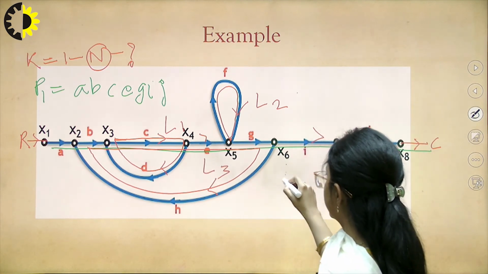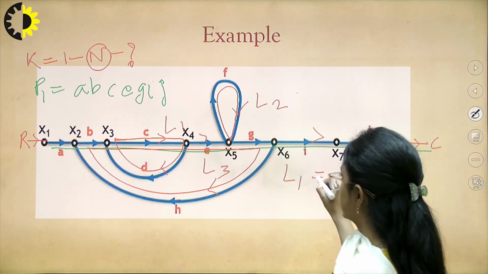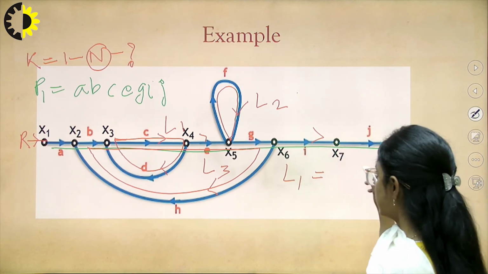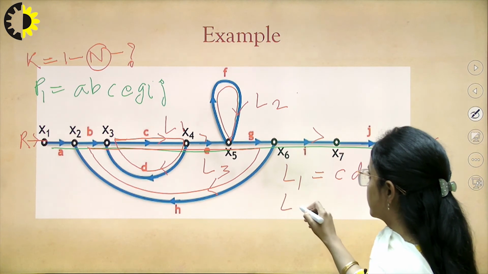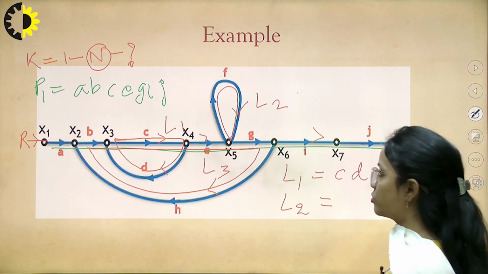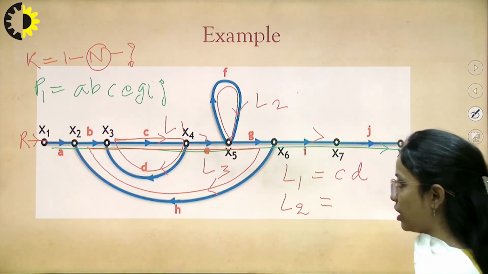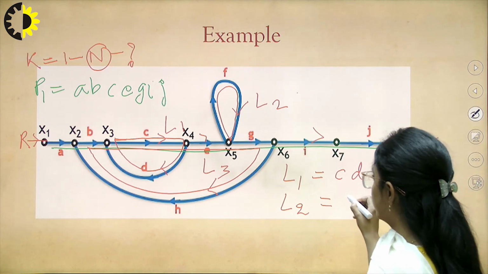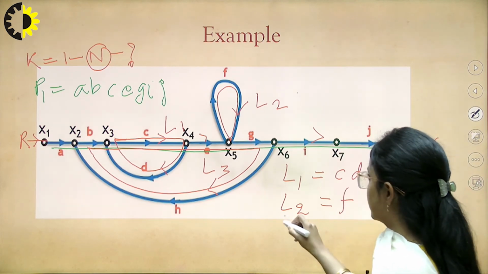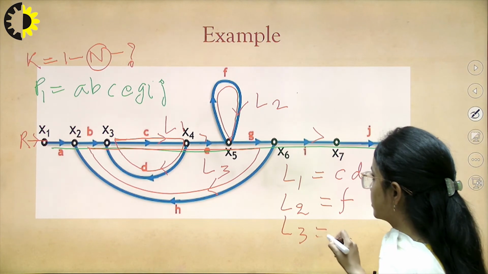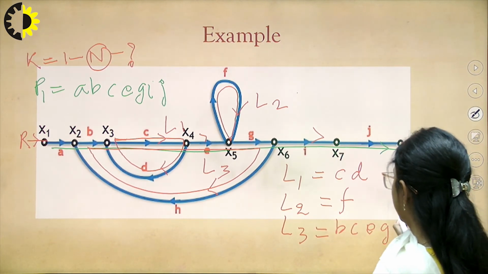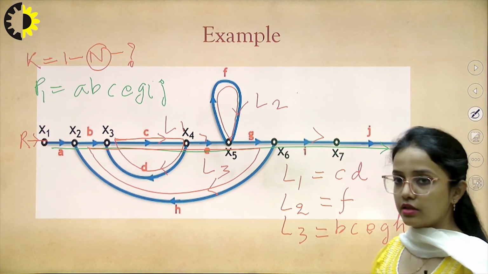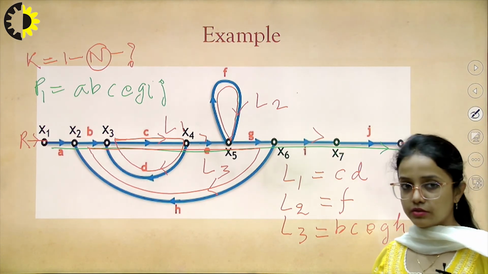So we will calculate L1 as CD, just we will multiply the terms which are traversed during that calculation of loop. L2 is just F, L3 is B, C, E, G, H. So we have 3 loops here.